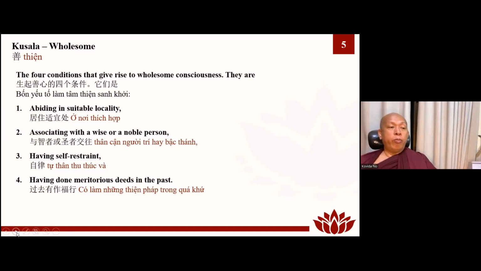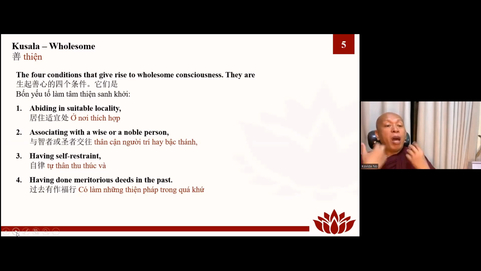Then two, associating with a wise or noble person. Here, when we say association, it doesn't mean only associating or living together, maybe working together or discussing together, right? We must try to emulate or imitate the behavior of noble persons, wise persons, or good persons. Sometimes we associate bodily but not mentally. It's not really called associating.